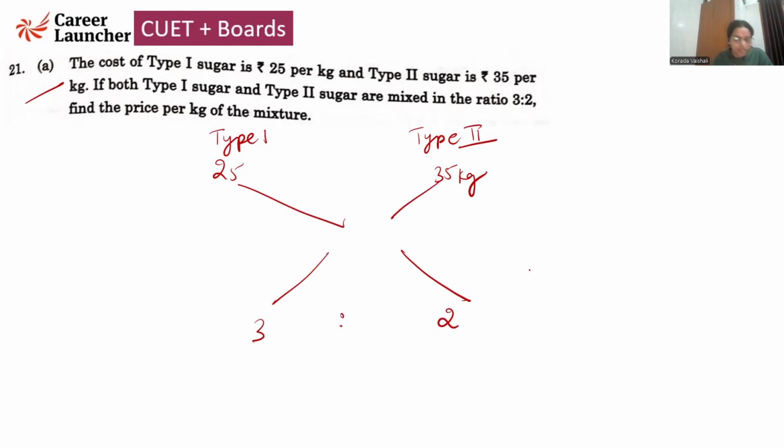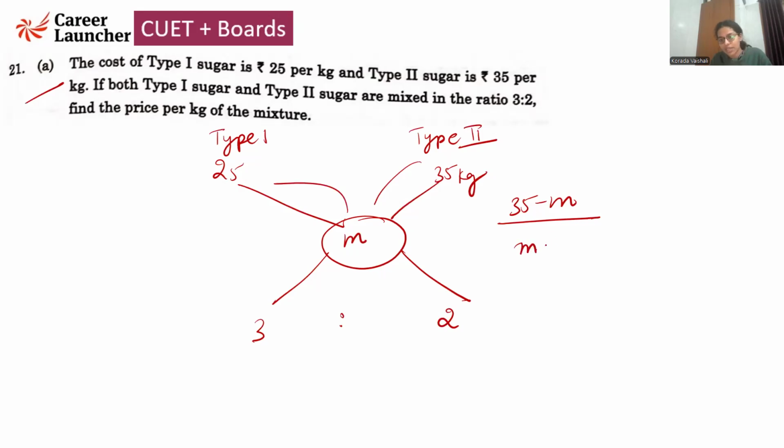So we can straight away make use of the formula, assuming the cost of the mixture to be m, so 35 minus m divided by m minus 25. This should give me the ratio in which we are mixing them. So let us multiply this down now.